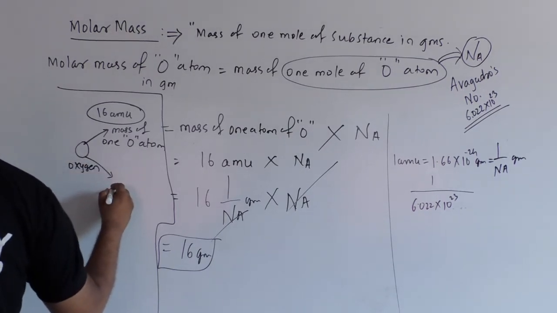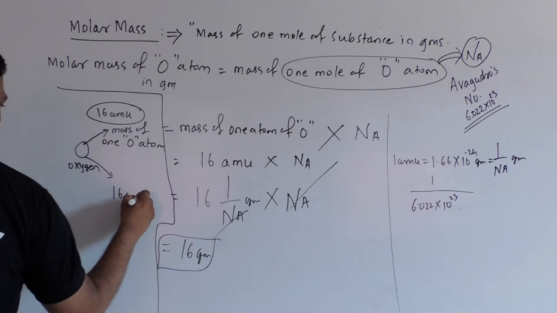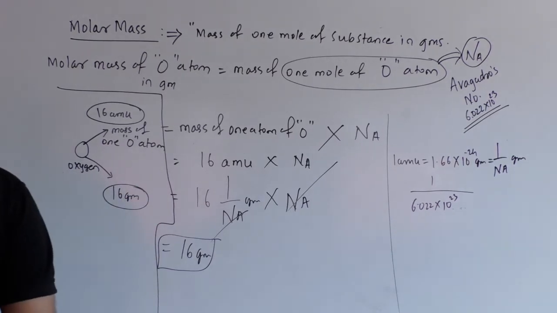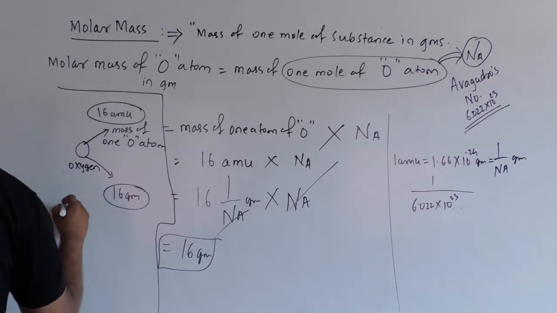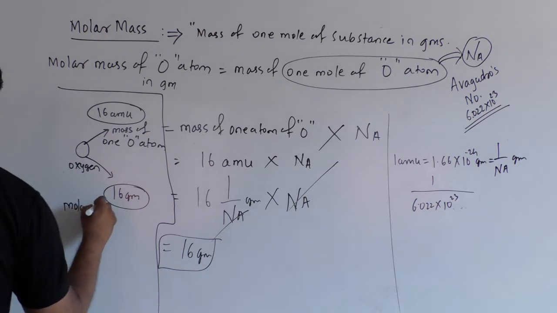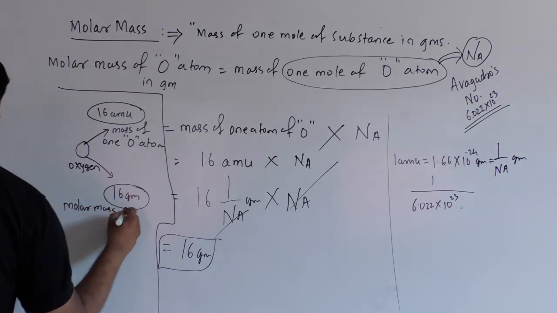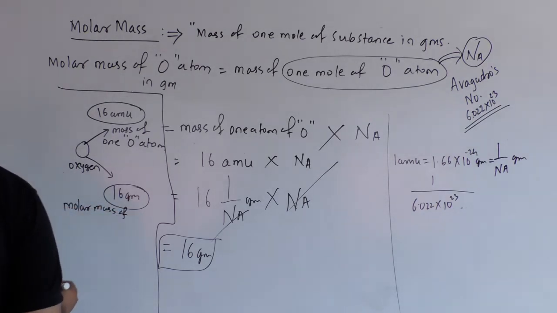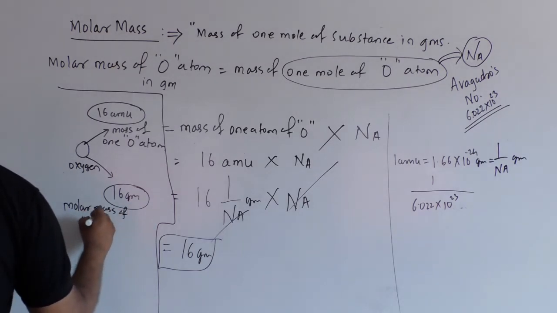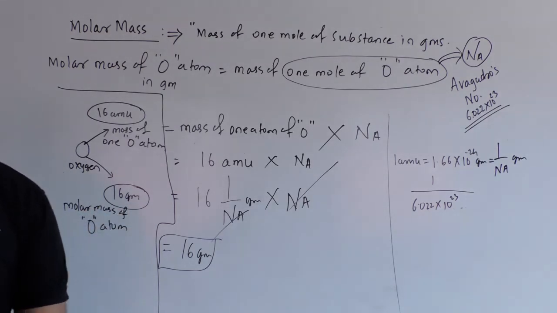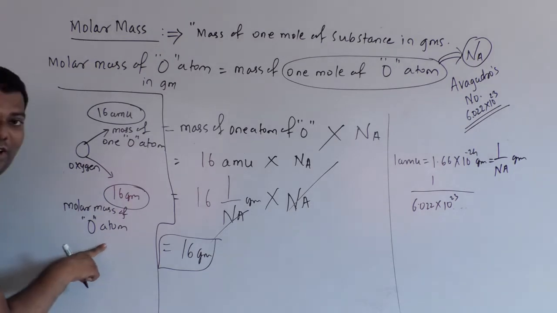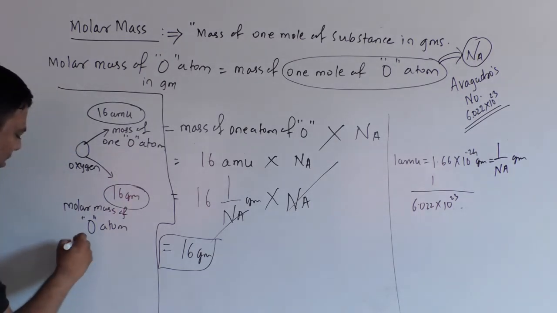Now these are what? Here, suppose I will write in gram. 16 gram. So what we called? Yes, beta. Very good. Molar mass of oxygen atom. And this molar mass of oxygen atom we call it as what?